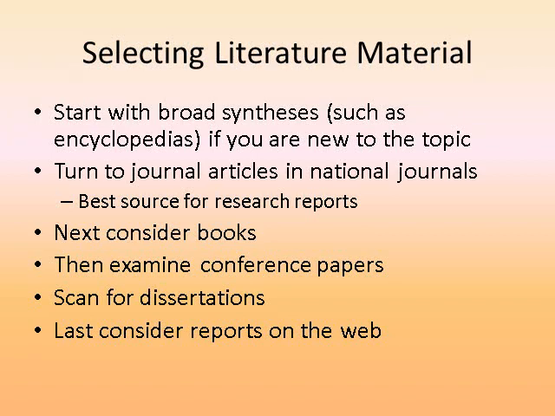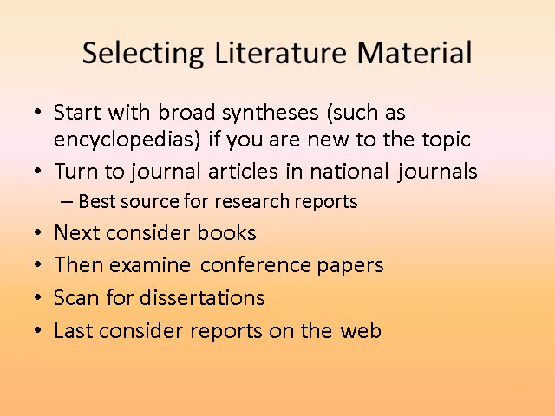Here is the process you should use when selecting literature material. You would start with a broad synthesis, such as encyclopedias or Wikipedia if you are new to the topic. Turn to the journal articles in national journals. These are usually the best resources for research reports.